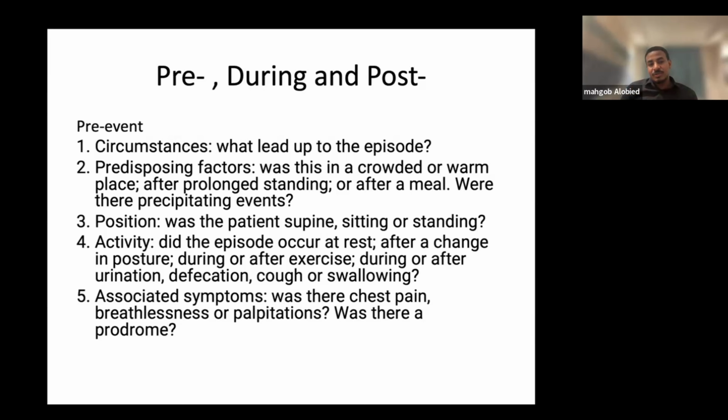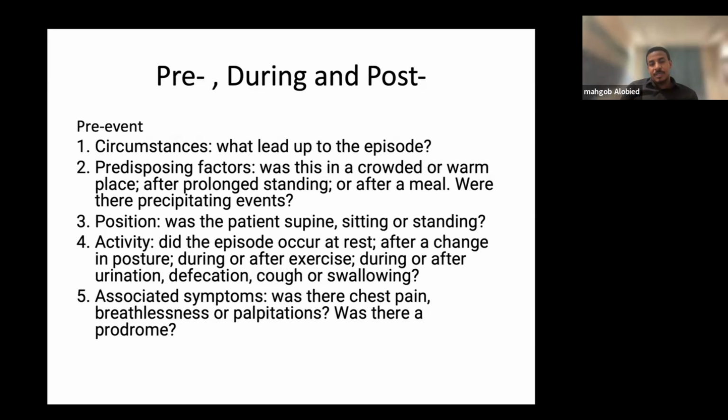The other thing is the activity: as I told you, is he at rest, is he exercising, what is he doing exactly. And associated symptoms like chest pain, breathlessness, palpitation, and any prodrome. So from this, we will see: is it a high risk or a low risk?